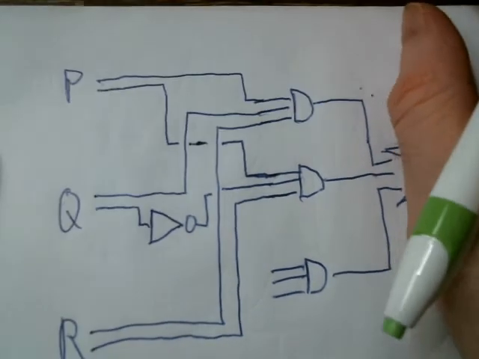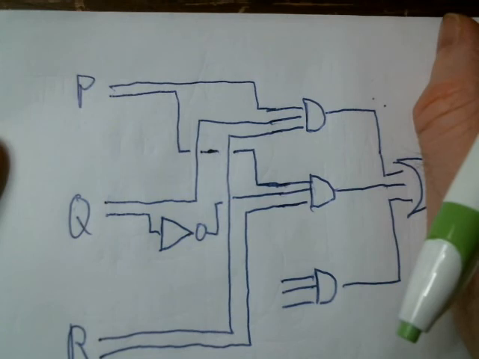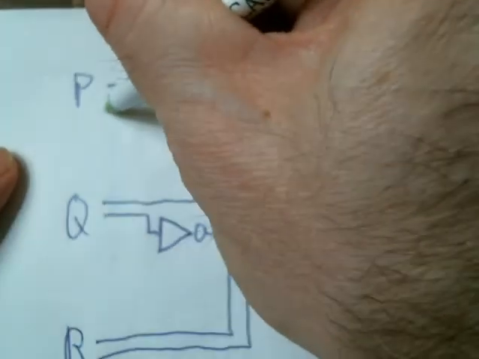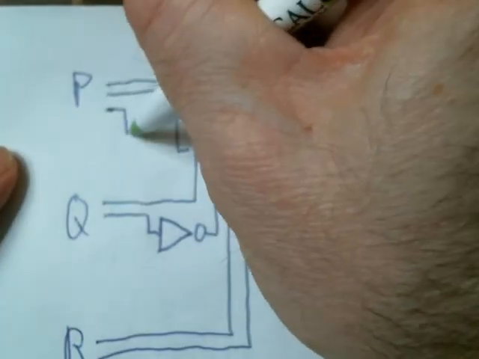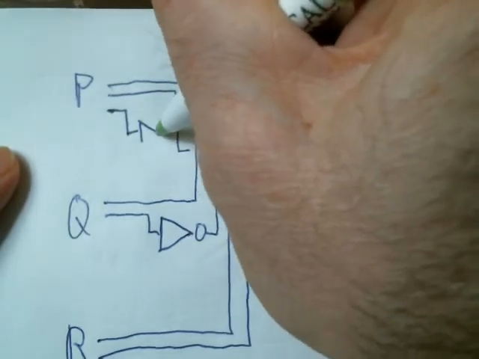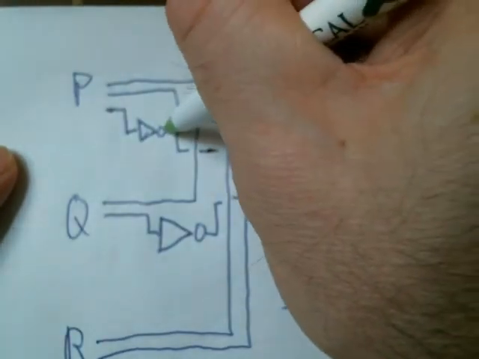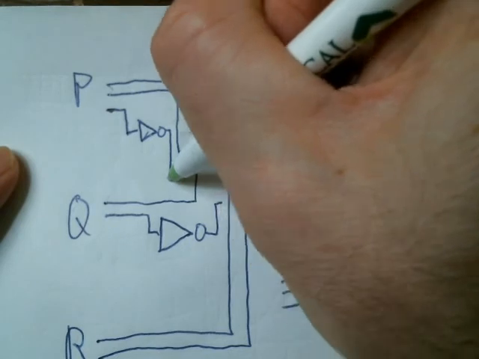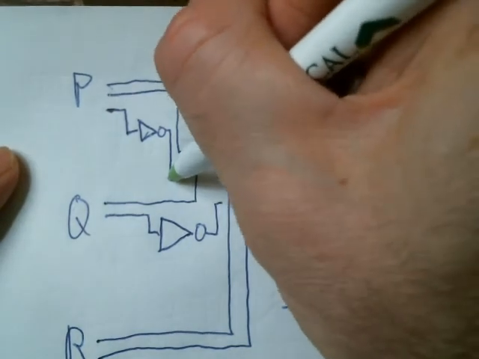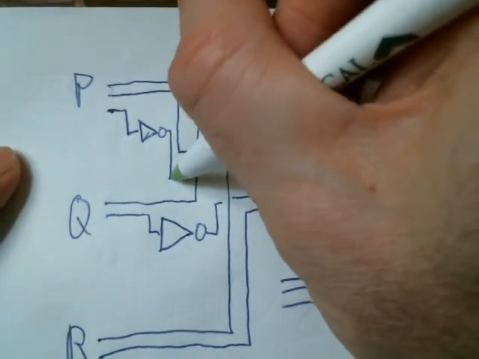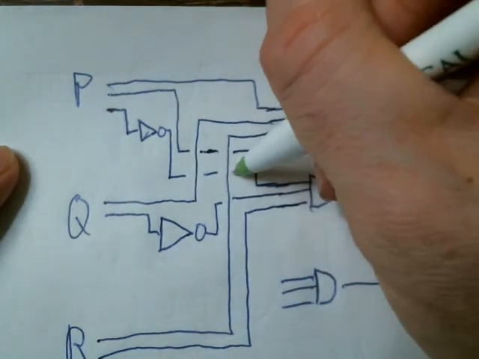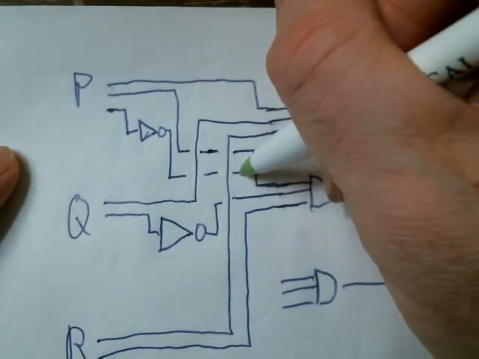And then finally, I need NOTs on each of them. So I need to put these guys into NOT gates. So he's going into a NOT gate, and then he's going to go underneath here. Oh my gosh.